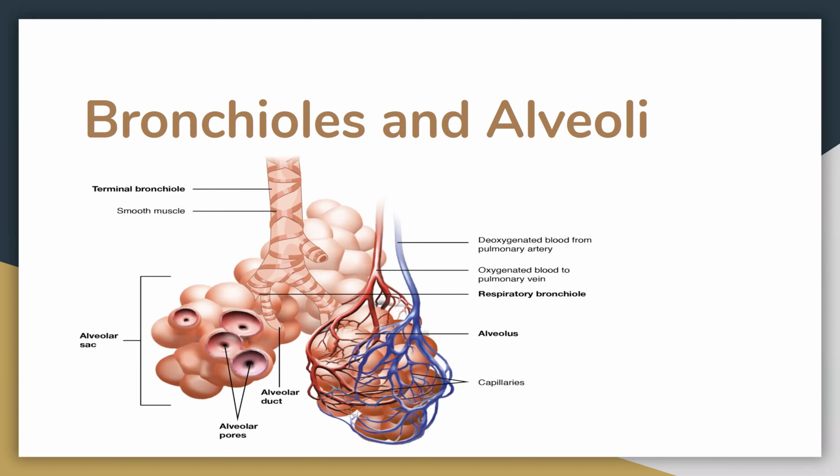So you have the oxygenated blood going to the pulmonary vein, and that's in the red. And then you have the deoxygenated blood that is coming from the pulmonary artery, okay? And then you have the terminal bronchiole covered with smooth muscle that supports the different alveolar sacs.